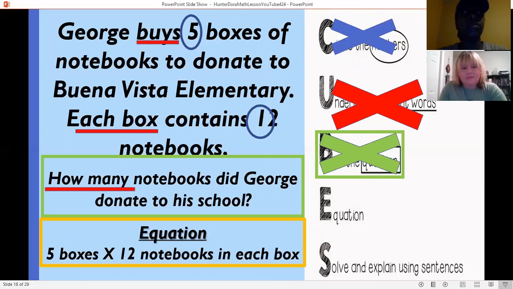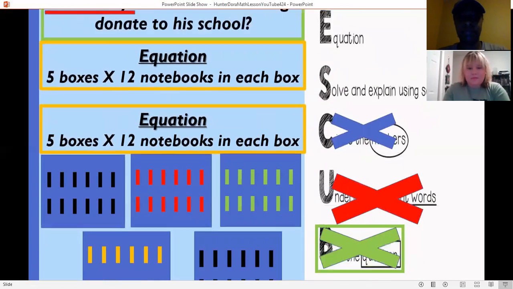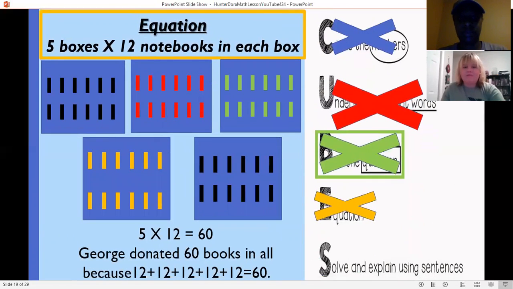5 boxes times 12 notebooks in each box. So our numbers are 5 and 12, and we are multiplying. All right, and finally, boys and girls, we are going to solve our problem. We are going to use the S in the word CUBES. 5 times 12 equals 60.